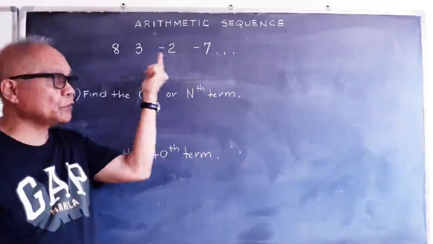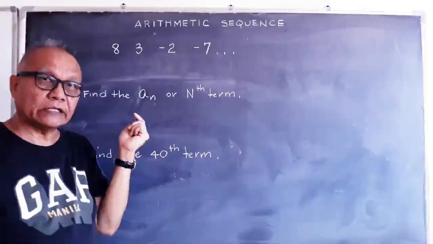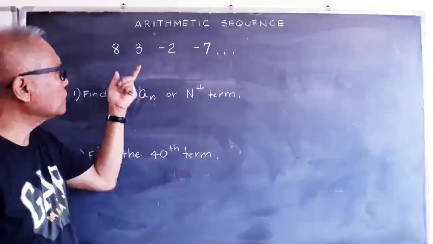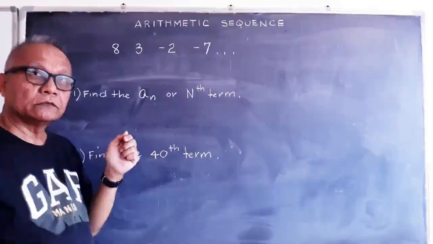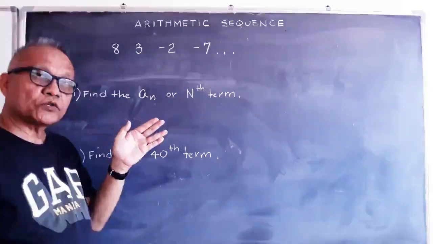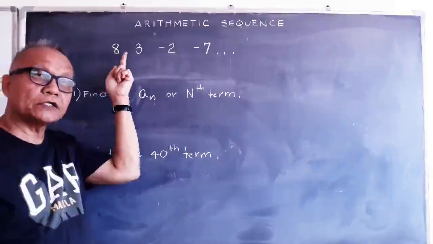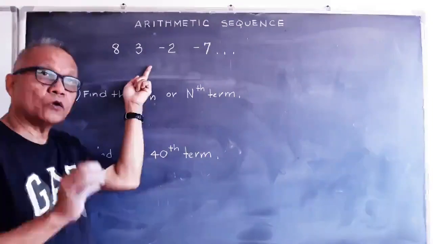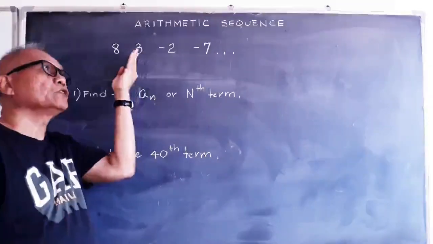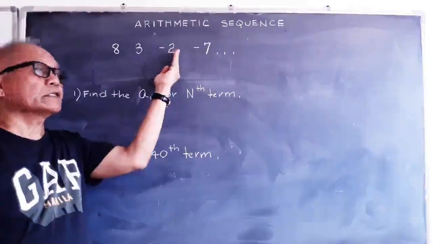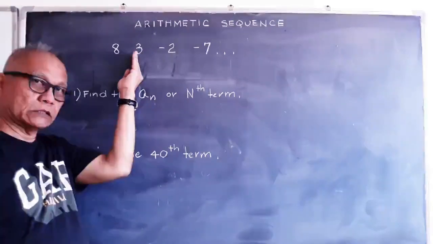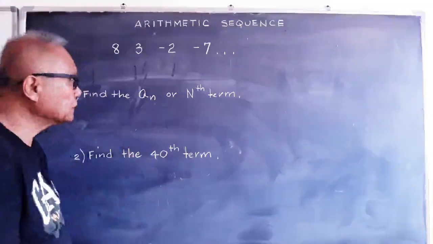So I'm going to show you how to find the D, or difference here. Let's say first this one. Don't subtract 3 from 8 here. It's not 8 minus 3. It is always this minus this. Okay? Don't forget that.